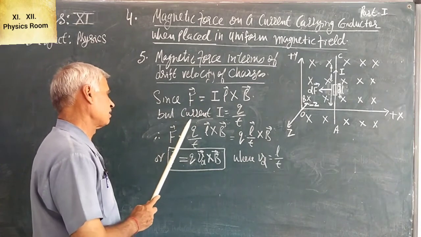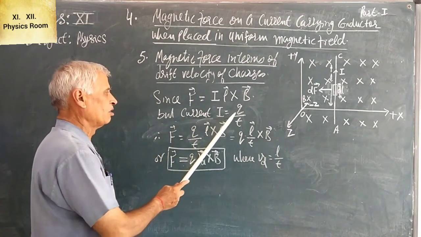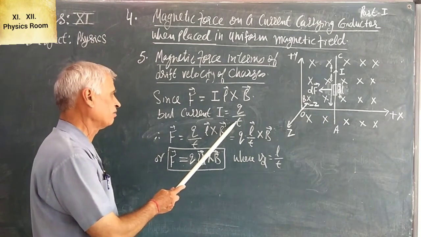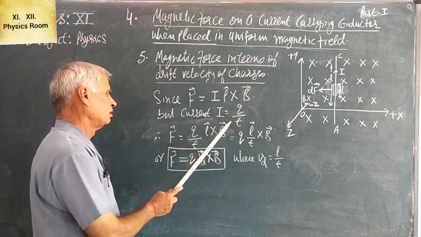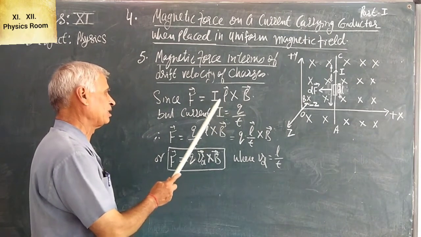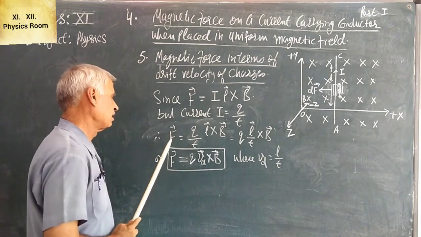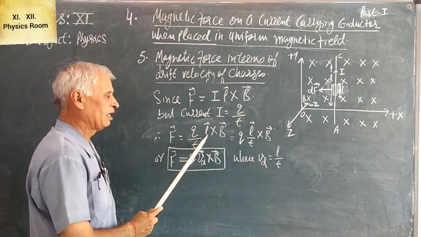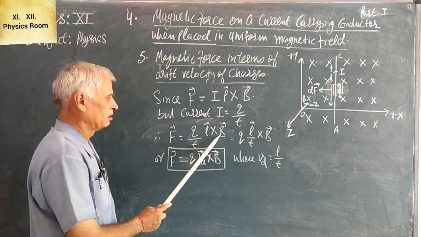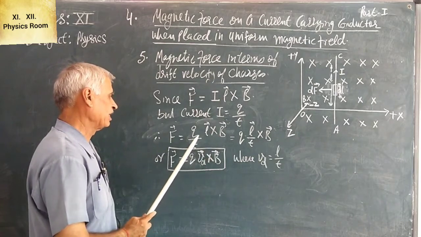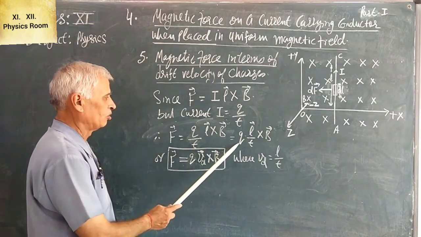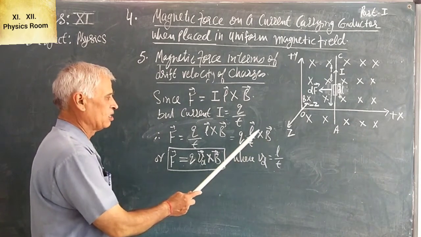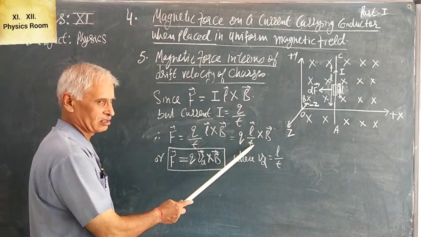Now, since current I equals Q by T, we know from current electricity that current is the rate of flow of charge. So we substitute I as Q by T in this expression, and we get F equals Q by T into L cross B. Now, we associate time with length. It equals Q into L by T cross B. Now, L by T is the drift velocity of charges.